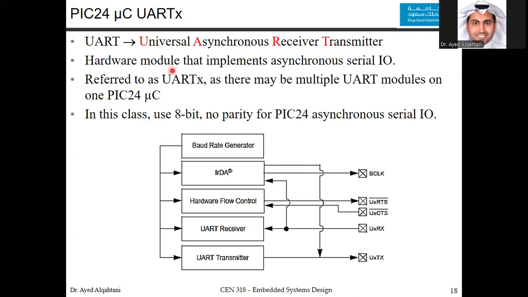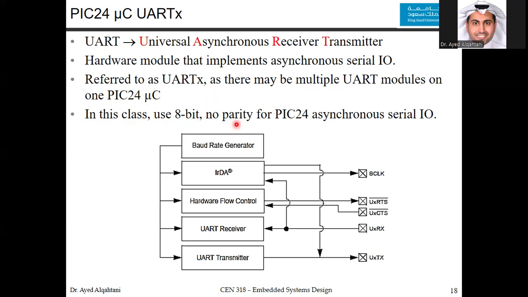So it is the hardware module that implements asynchronous serial I/O. It's referred to as UARTx, as there might be multiple UARTs. In this class, we will always use 8-bit with no parity. These types will be listed when we talk about the special function registers.